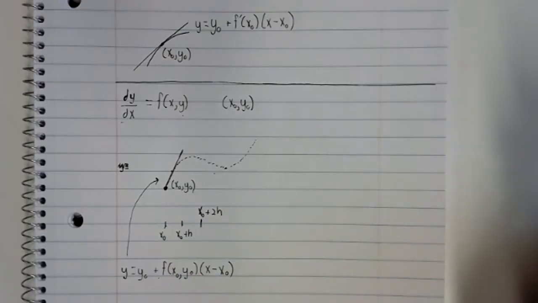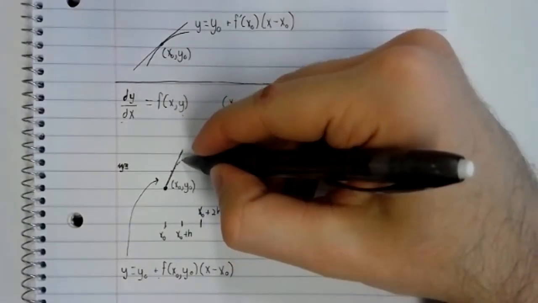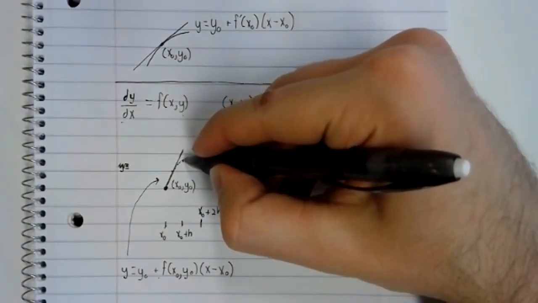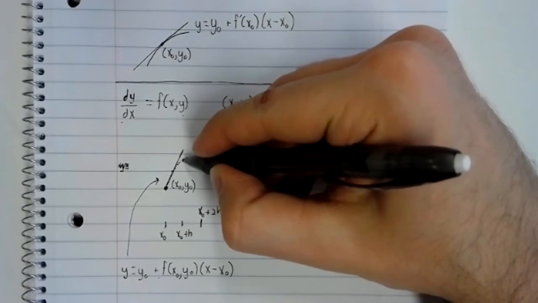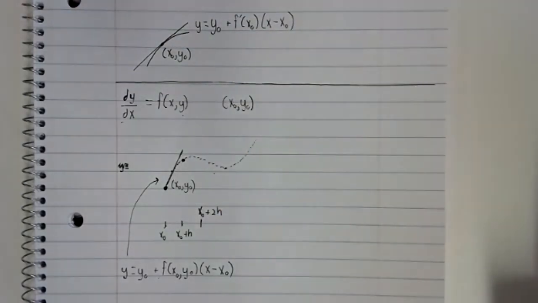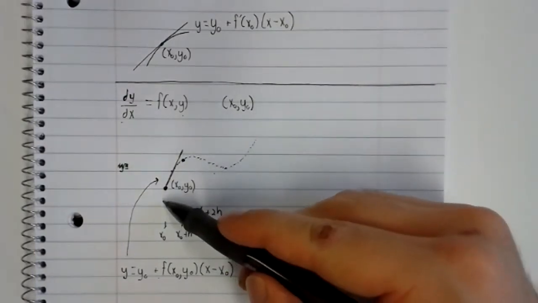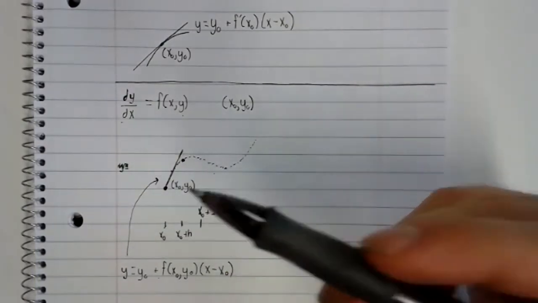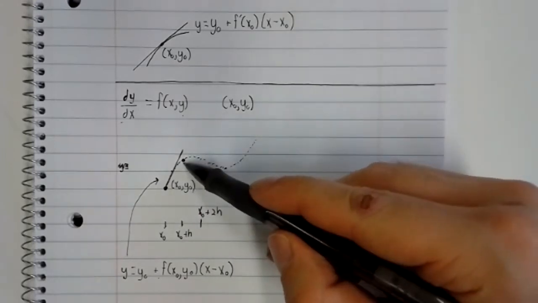We'll use the same linearization method we just used, but some difficulties now arise. We don't have an initial condition. In particular, we'd like to linearize around the first point in the interval, just like we did over here, but we don't know what this point is.